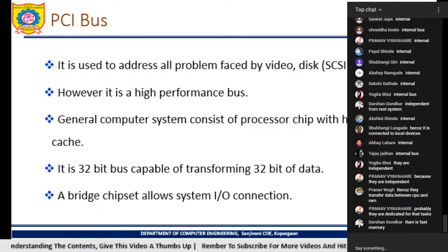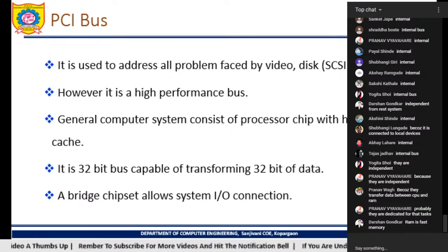So it is used to address all the problems faced by a video or a disk. However, it has a higher performance bus, that is PCI, because of the motherboard. It is fast.